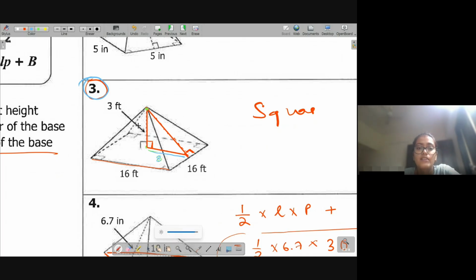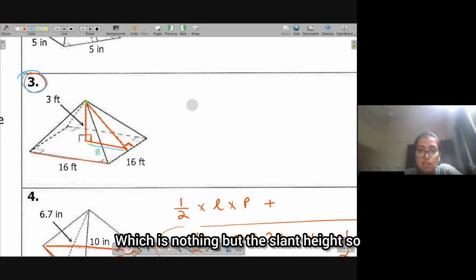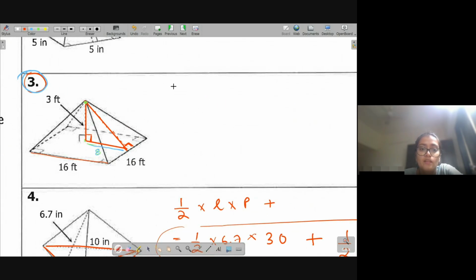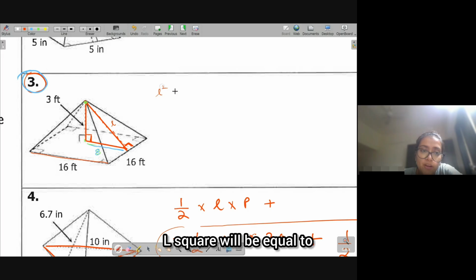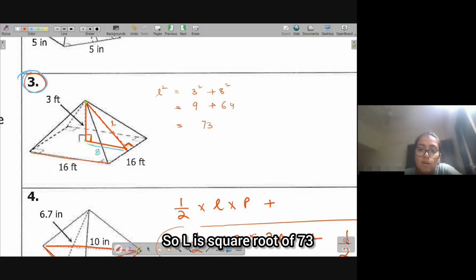Now you know that this is 3 and this is 8, so you can find the hypotenuse, which is nothing but the slant height. Let's call it L. L squared equals 3 squared plus 8 squared. 3 squared is 9, 8 squared is 64, so 73. So L is the square root of 73.